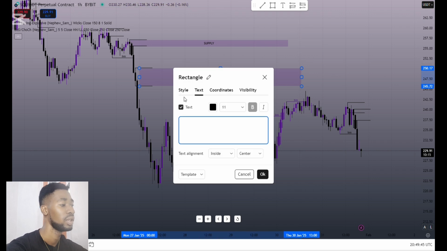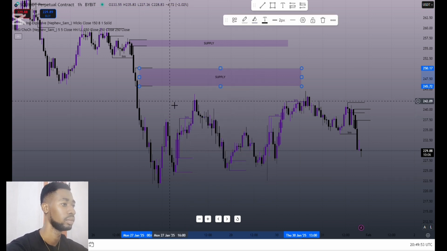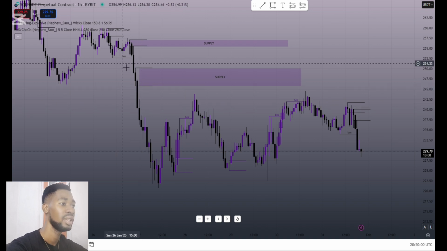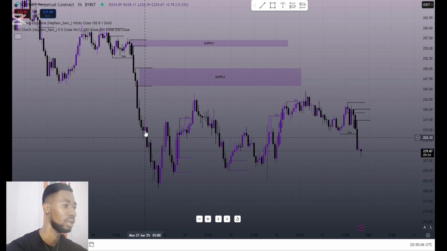Make sure you're concentrating properly on the breakdown because it's complex as we move. Supply. Okay, now what would you see next? This is a fair value gap. Now this indicator would only mark this as a fair value gap if we had another break of structure to the downward side.